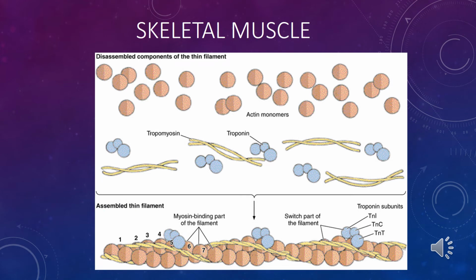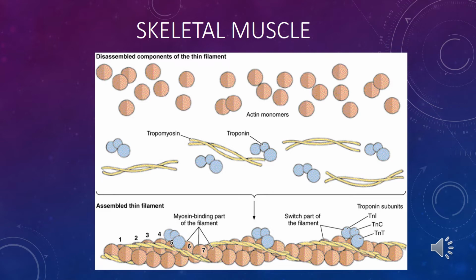This is a good slide showing the composition of the actin myofilament. You see monomers, actin monomers, a protein molecule, and together with troponin and tropomyosin they form the actin filament or thin filament.